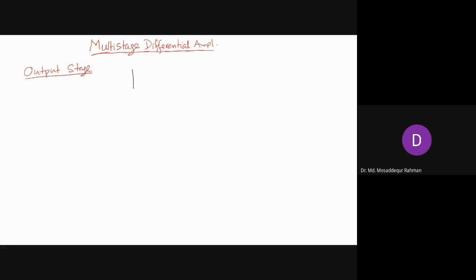So we have gone through the different stages for this multi-stage differential amplifier. It's applicable for any amplifier, not just differential amplifier, the normal conventional amplifier. So first we have the input stage. The purpose of the input stage is to provide high input resistance, right?